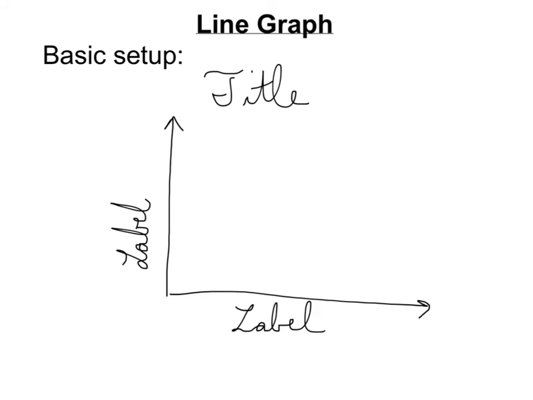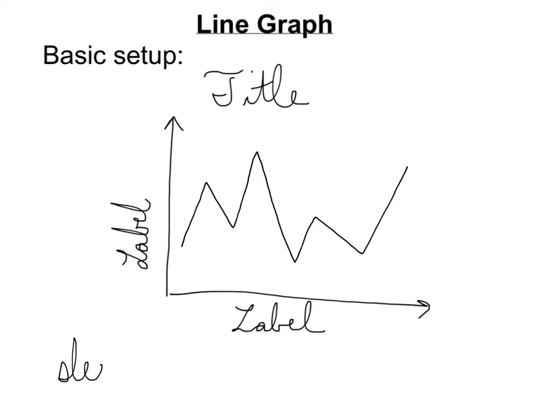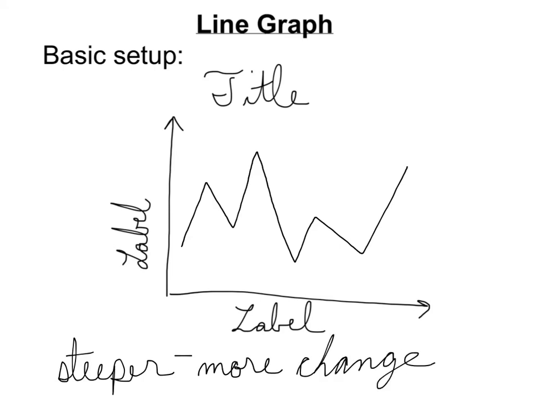Our graph now will move up and down as we move from the left to the right. We should keep in mind that in a line graph, steeper lines mean there's been more change or faster change.